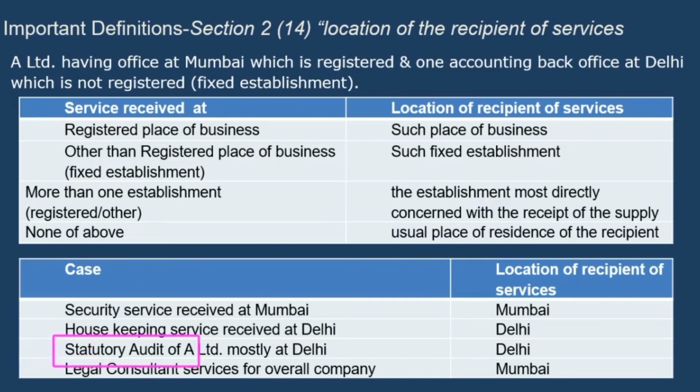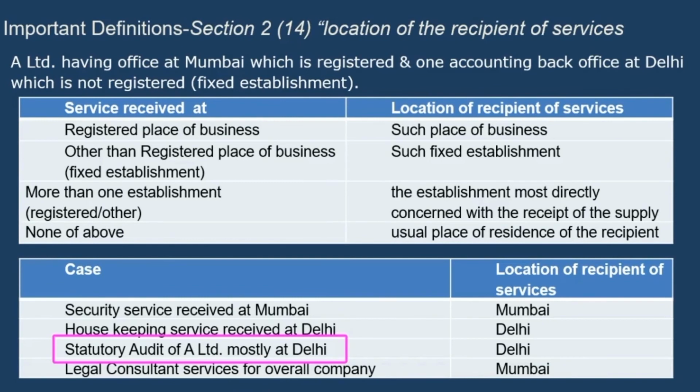Now, statutory audit of A Limited, mostly at Delhi. A Limited is undergoing the statutory audit. These services are received, obviously, at Delhi, because Delhi is the accounting office. Mumbai is just a front end, or front office we can say. So who is directly receiving the services, or who is most directly concerned with the receipt of supply?